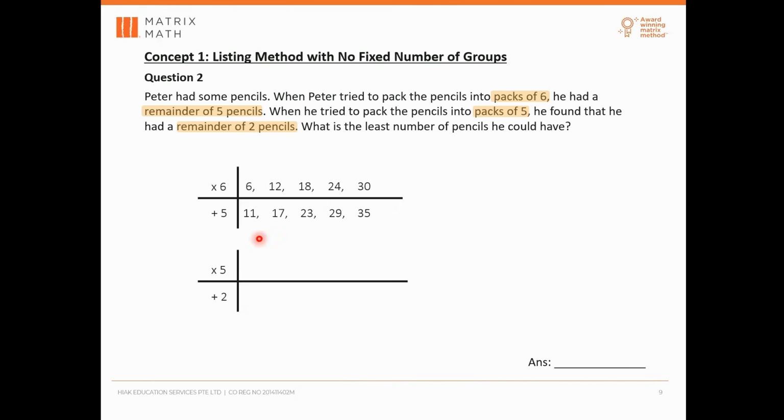Do your multiples of 5. So 5, 10, 15, 20. Oh, you want to do 25 also can. Then plus 2. Okay, so 5 plus 2, 10 plus 2, 15 plus 2, 20 plus 2. Could you all fill up the bottom numbers?